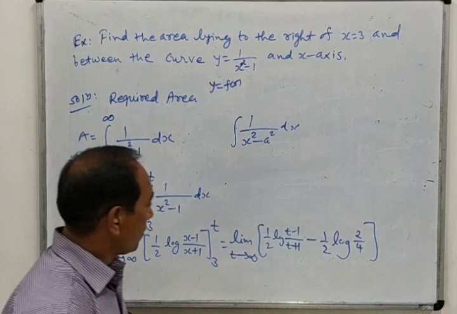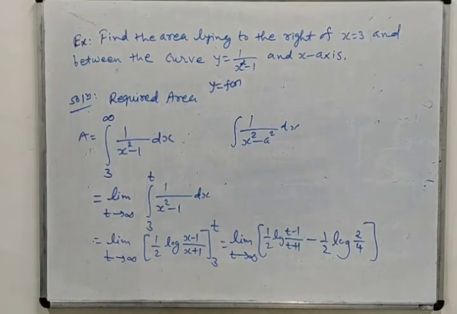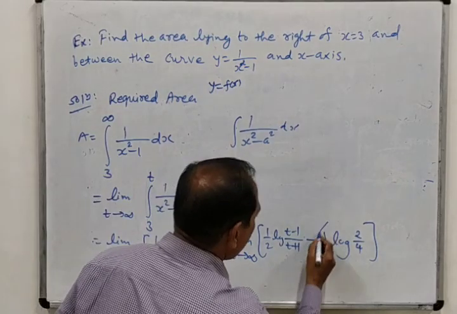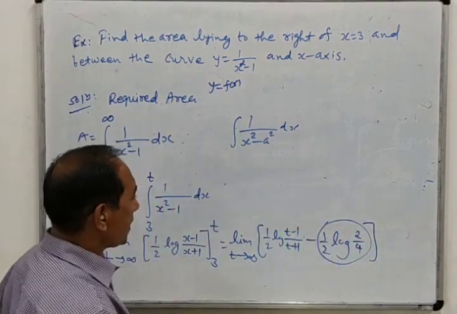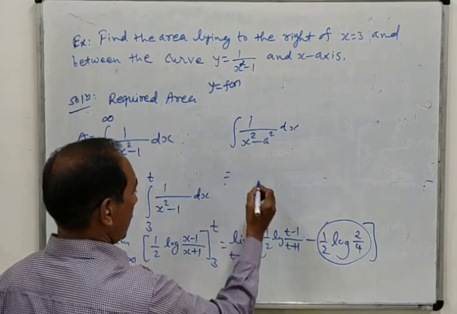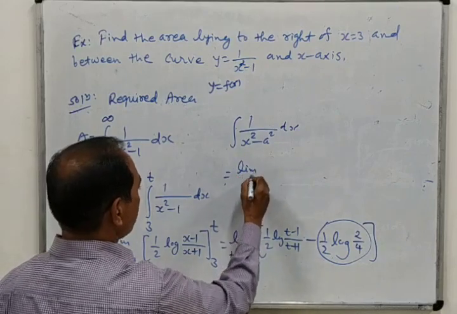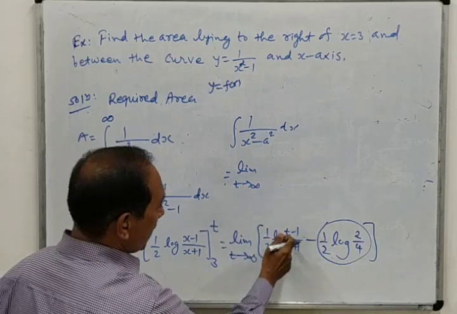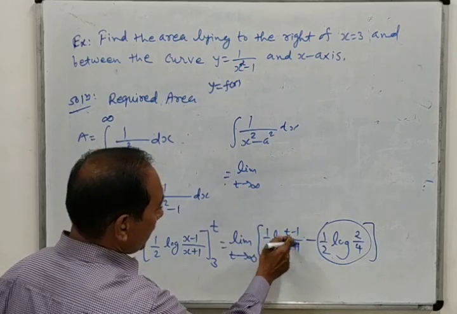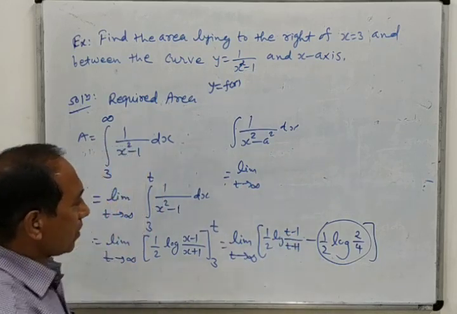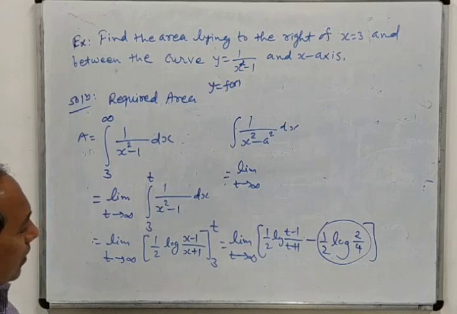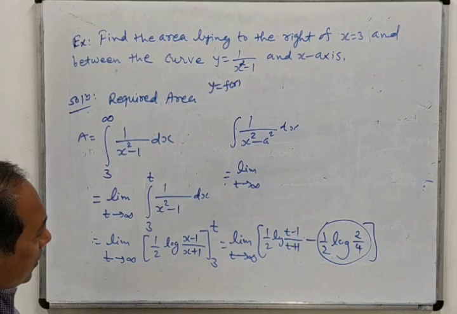Now see, we will find out the limit as t tends to infinity. What will we do? Here there is no t inside the second term, so this value will remain as it is. But to solve this limit, if you put directly t equal to infinity, it becomes a complicated situation which we cannot understand properly.